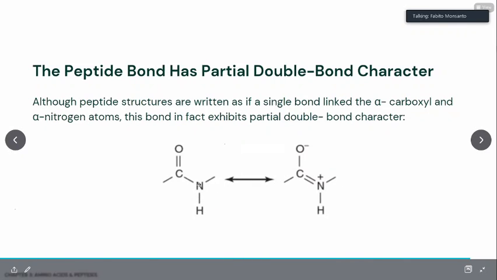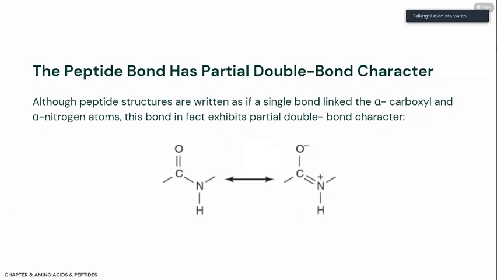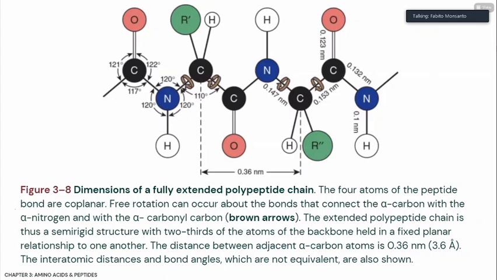But this one, you cannot rotate this because it has a double bond character. Although it is not shown here, that is still a single bond, but its character is a double bond. It cannot be rotated. Okay?